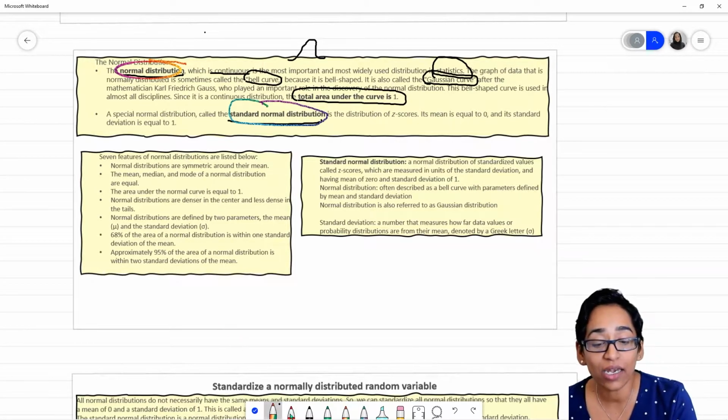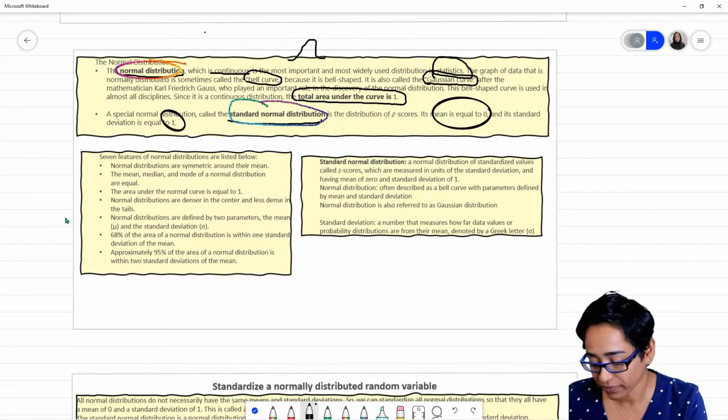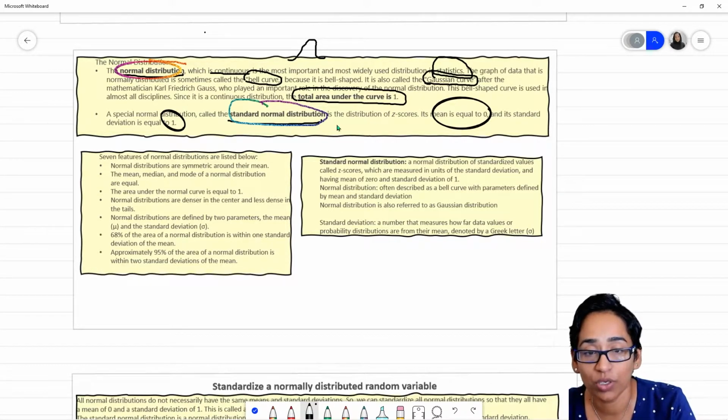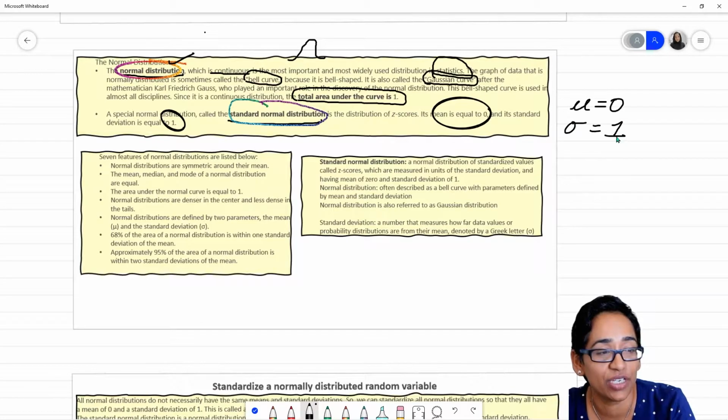But in a standard normal distribution, my mean is always equal to 0 and my standard deviation is always equal to 1. All right? So the mean of a normal distribution can be anything, but the mean of a standard normal distribution is always 0, and the standard deviation is 1.